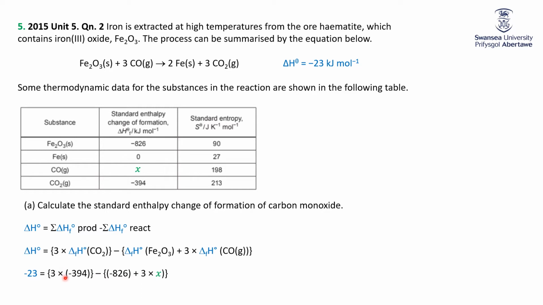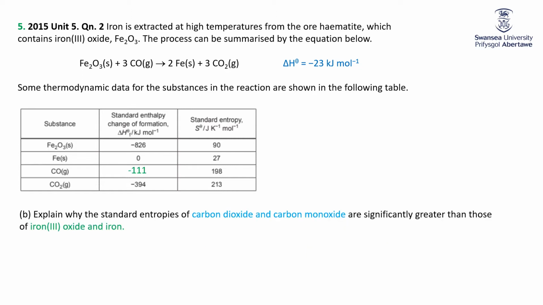Notice I'm not clearing this minus yet. I want to do this step by step so I don't lose some negatives. We know the Fe2O3 is minus 826, and there's 3x. So playing around with everything, 3x turns out to be minus 333, so x is minus 111 kilojoules per mole.